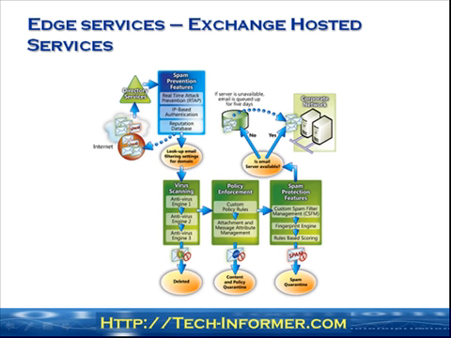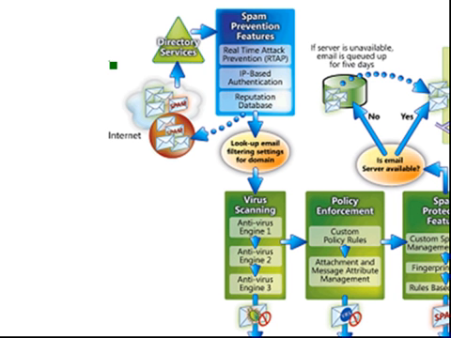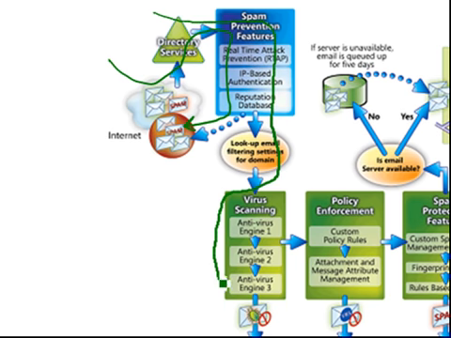Alright, just a diagram showing a little bit more detail of what happens, but again, we've got mail coming in from the internet, then we go through a number of spam prevention facilities. If it's obviously spam, we can just mark it as so and get rid of the message. Otherwise, if it passes our spam tests, then we can go through the actual virus tests.